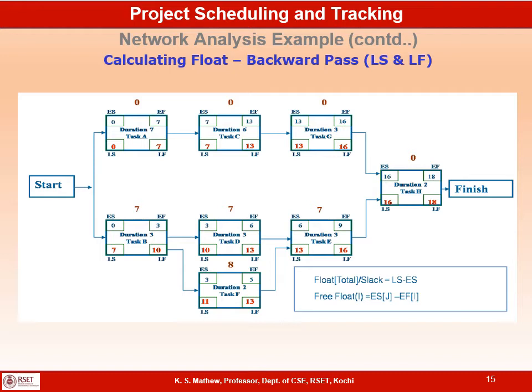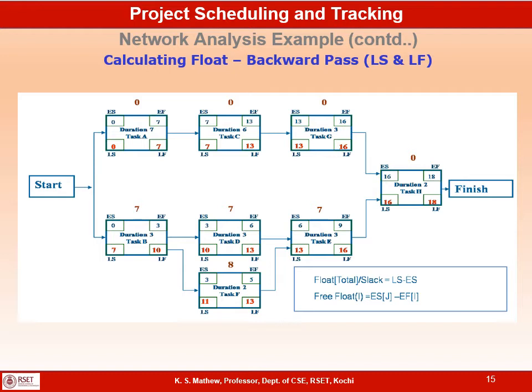Now let us look at task B. The late start of task D is 10, and the late start of task F is 11. That means task B cannot be delayed more than the 10th day. Task F can wait till the 11th day to start, but task D cannot wait more than 10 days.